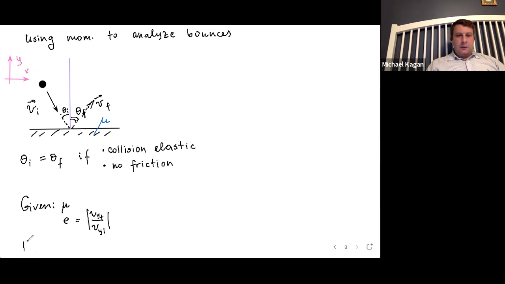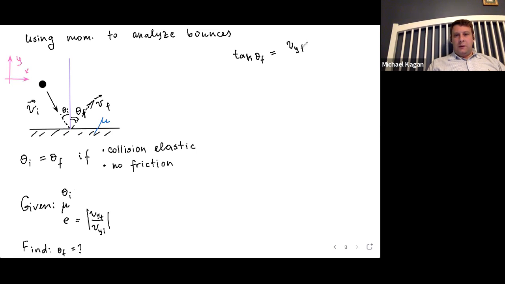So find theta final. And of course, theta initial is also given. So how do we do that? Well, obviously, tangent theta final should be equal to Vy final over Vx final.